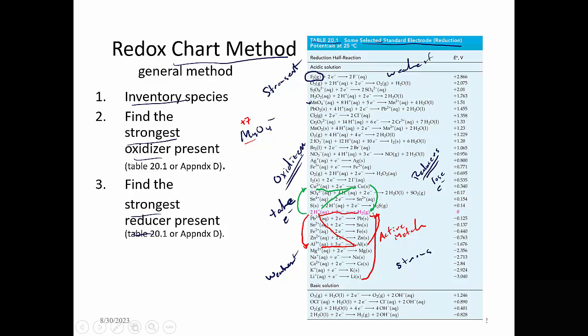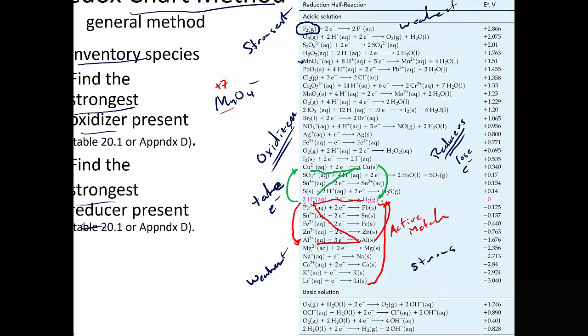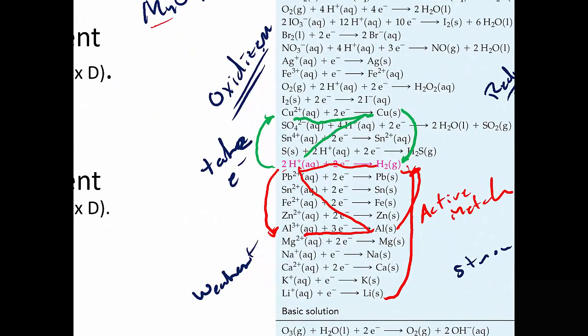Why are all acids oxidizers? Because all acids contain what? Well, how do you recognize? All Bronsted acids, I have to be careful.